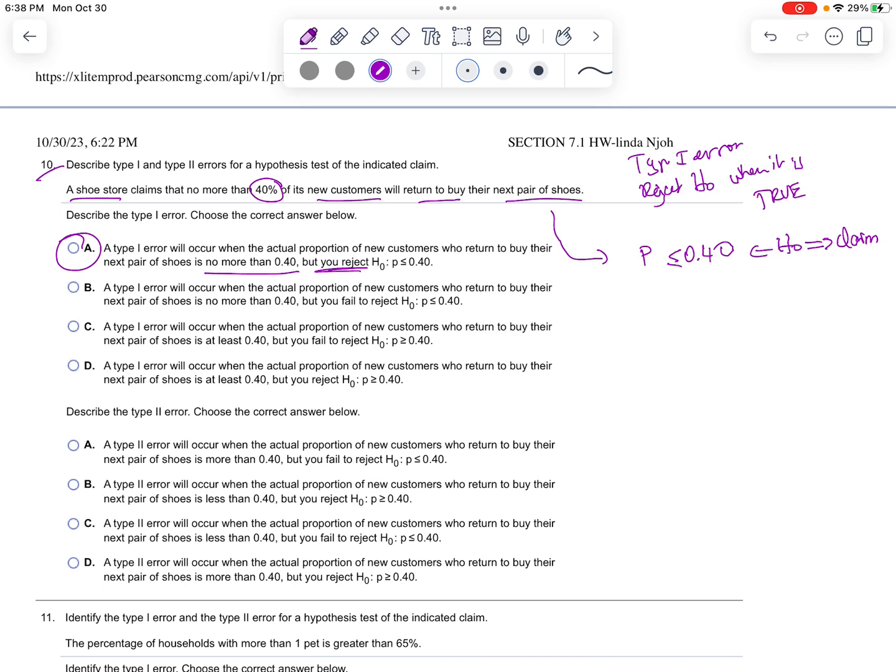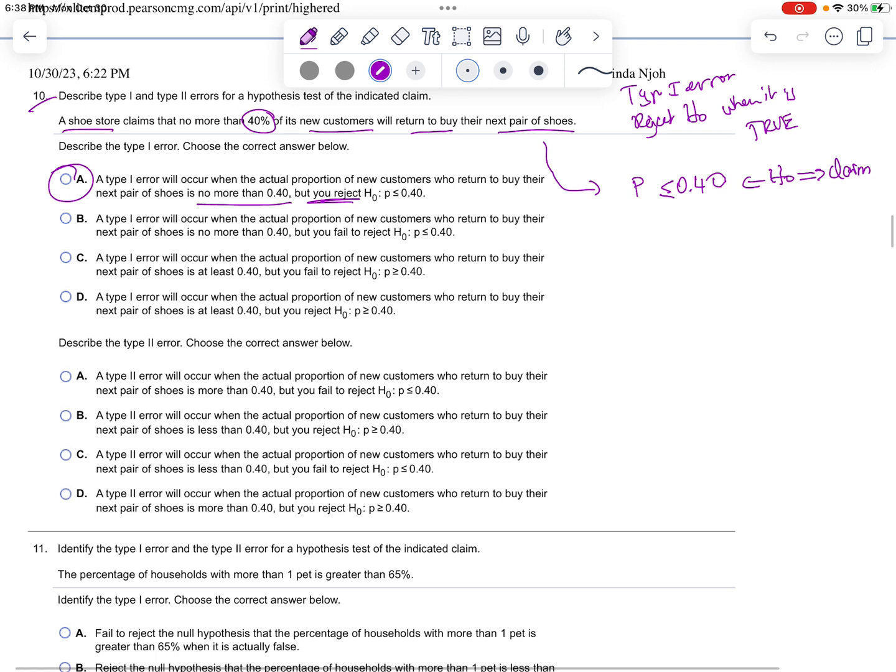And the type 2 error is what? Failing to reject the null when it's actually false. What does that mean? It means that the proportion is not it.